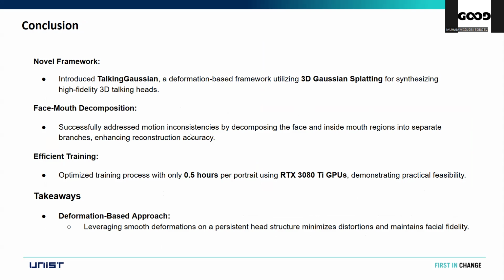And they also present their decomposition and how it affects the overall reconstruction quality. This face-mouth decomposition highly addressed the motion inconsistency that we saw from the previous works. And the efficiency of their training is very impressive. They take like 30 minutes per portrait using RTX 3080 GPUs.